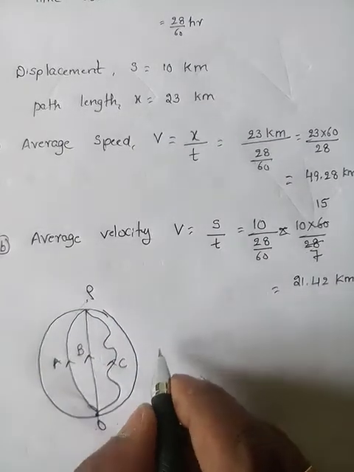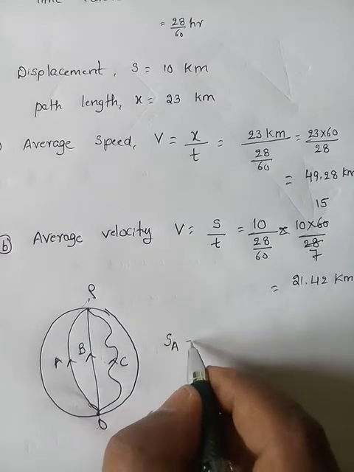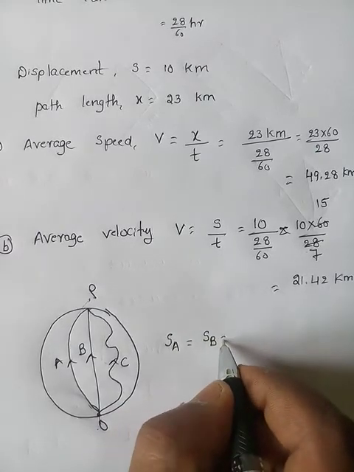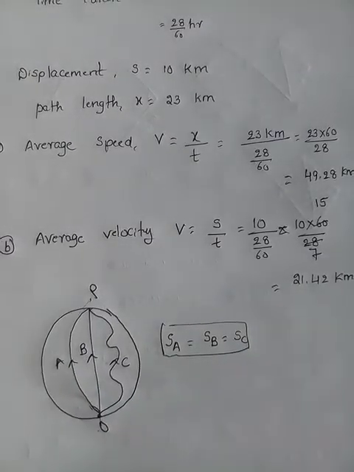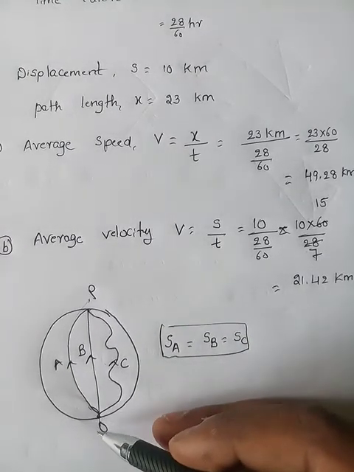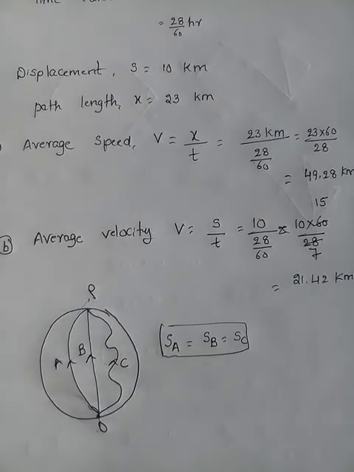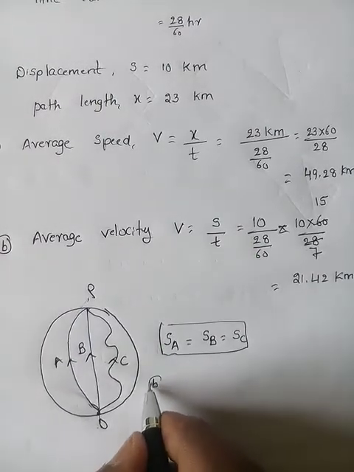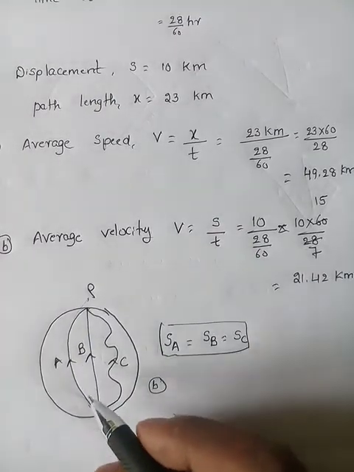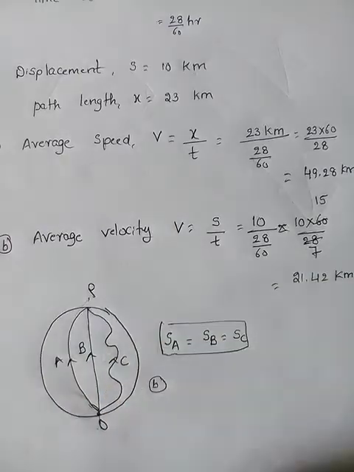Here in this case, displacement of A is equal to displacement of B is equal to displacement of C. Is it right? Why? For all these three girls, initial point and final point are the same, so the displacement is the same in all cases. Second question, for the same diagram, for which girl is actual path length equal to displacement?